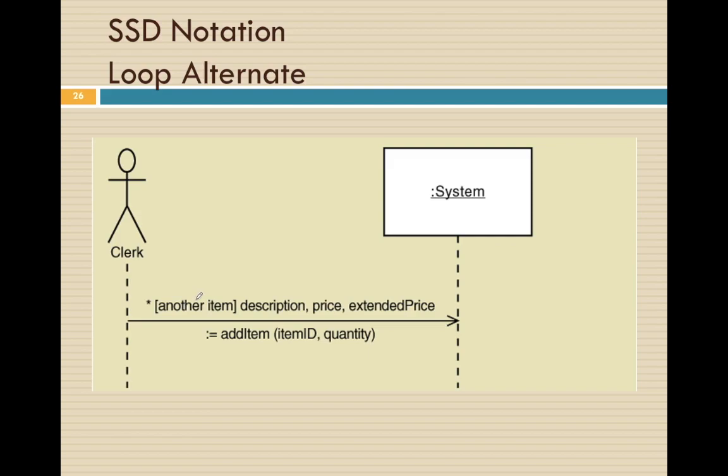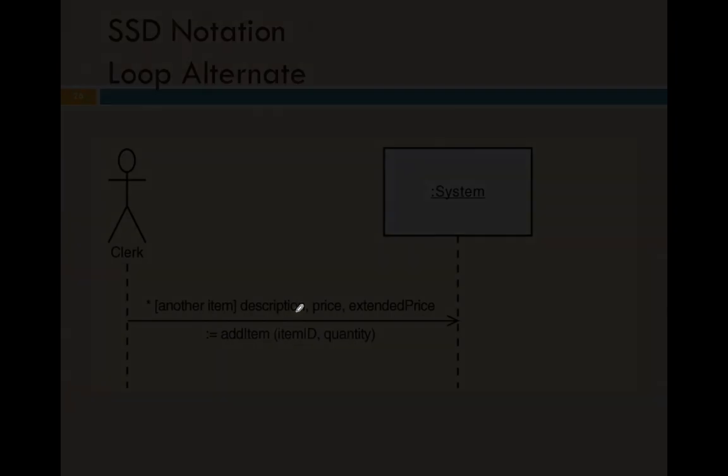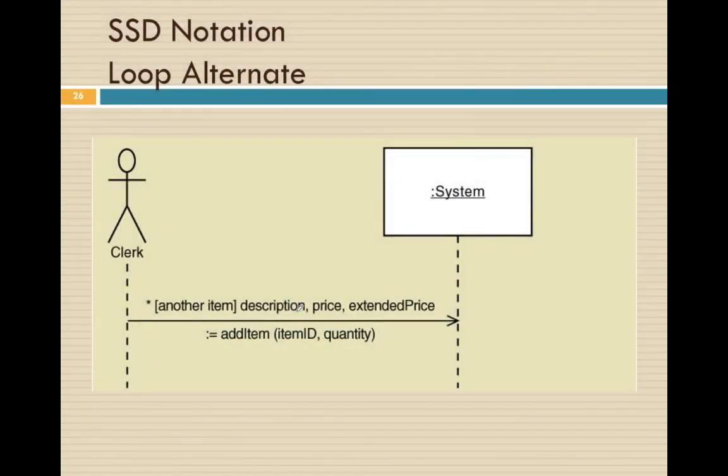If you want to add another item, then this process will occur. So there are two ways to write the loop condition. One is to put the loop frame, or we can use this message, which is another notation to represent the loop process.